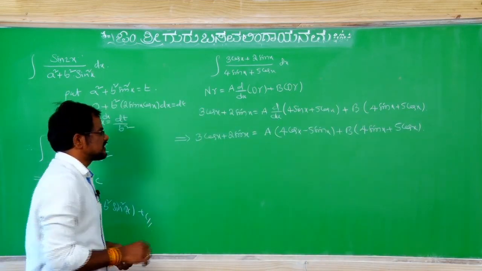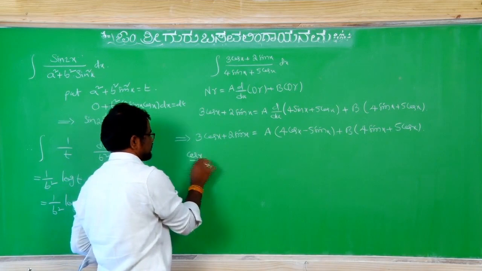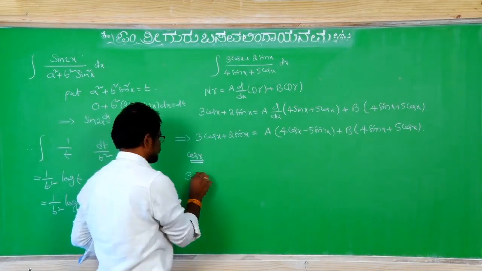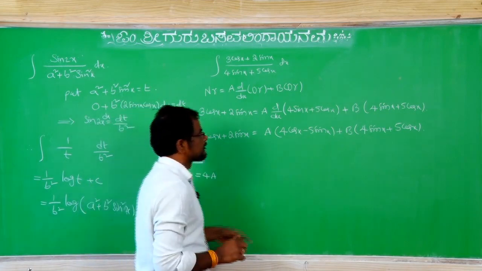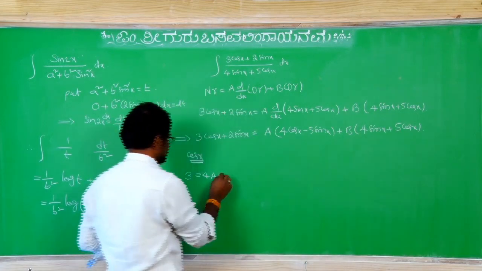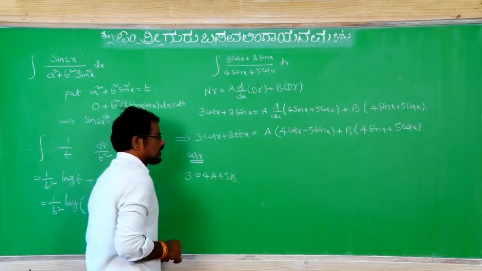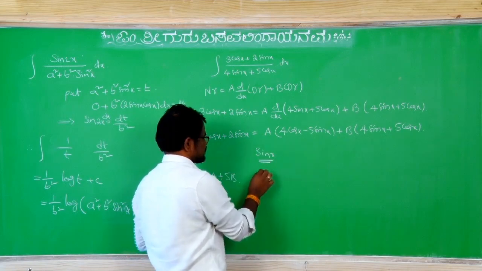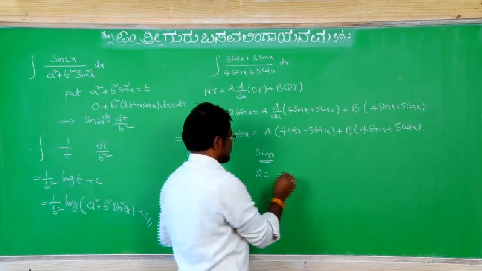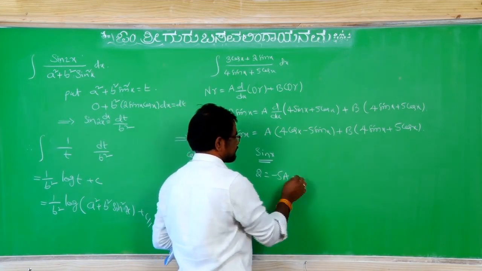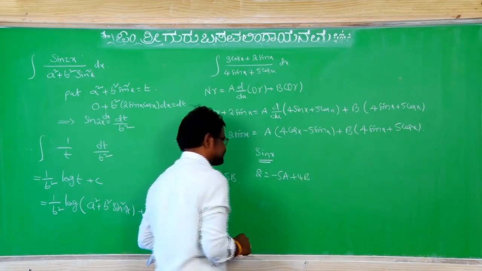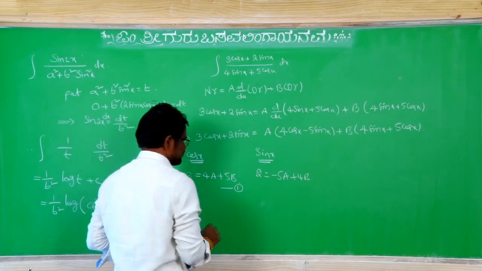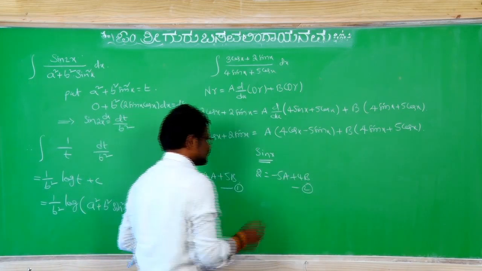So comparing the cos x coefficients, here 3, and here 4a and here 5b. Next, comparing the sin x coefficients, the sin x coefficient is 2, here minus 5a plus 4b. Take this as equation number 1 and this as equation number 2.